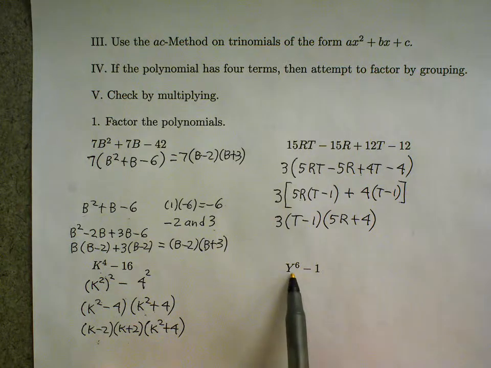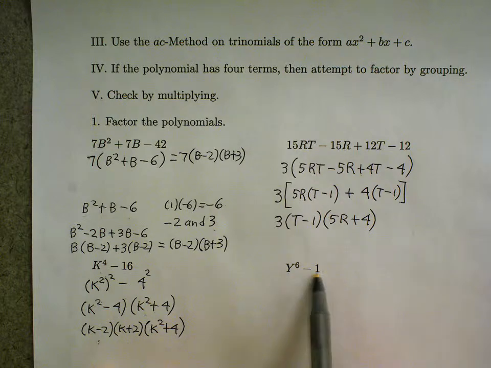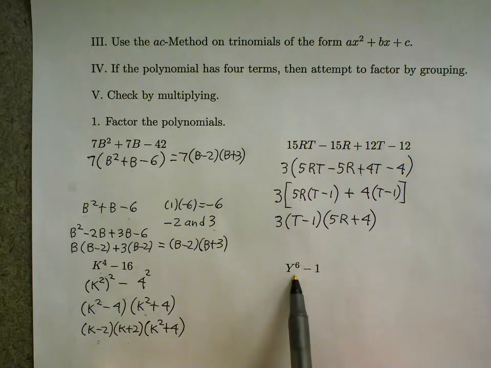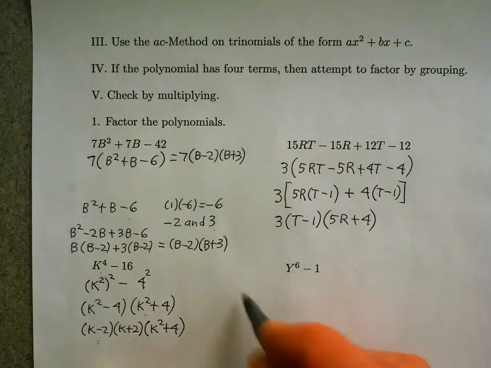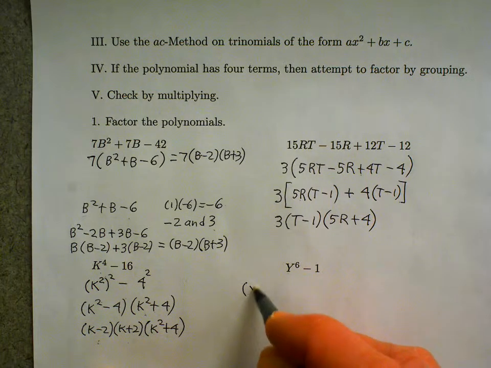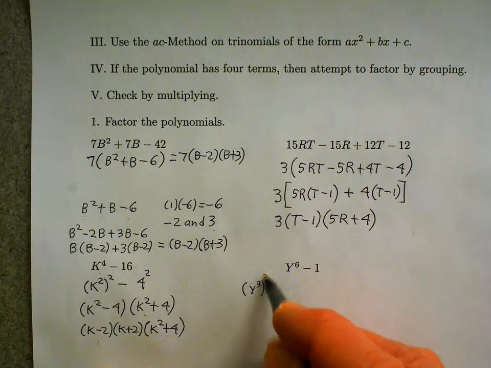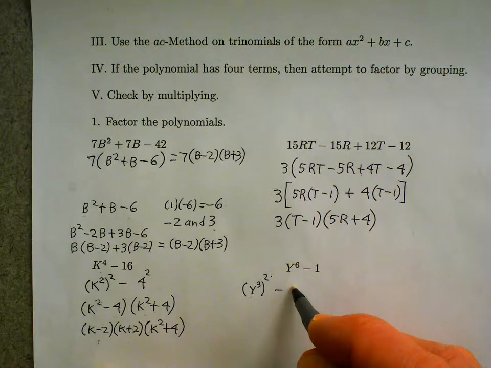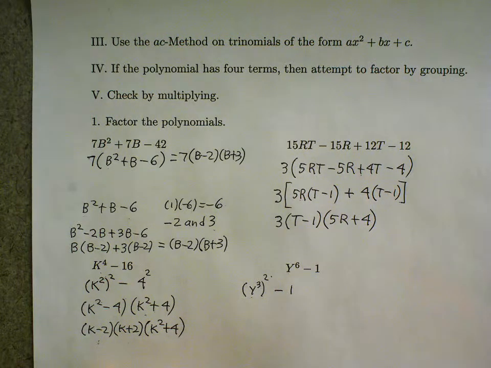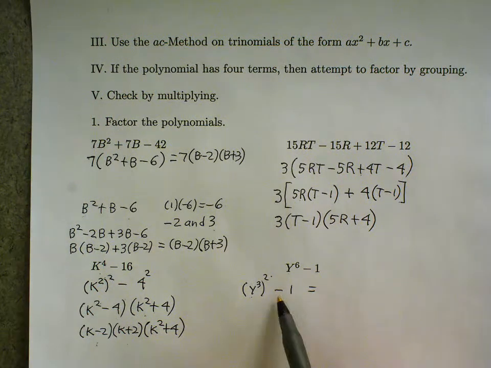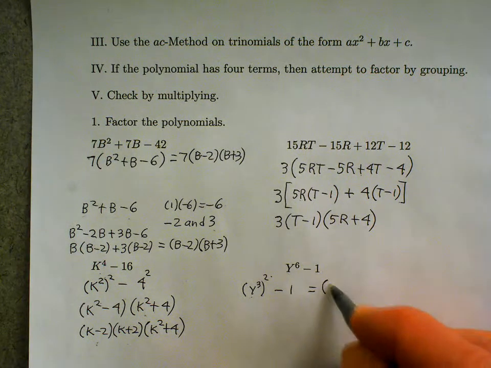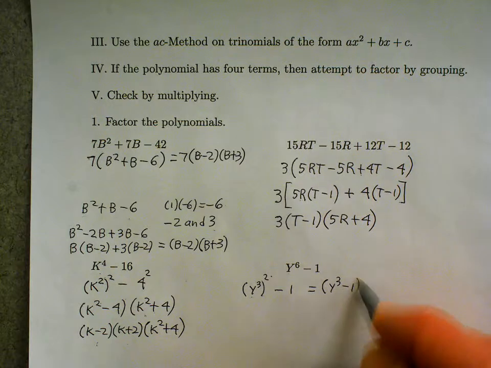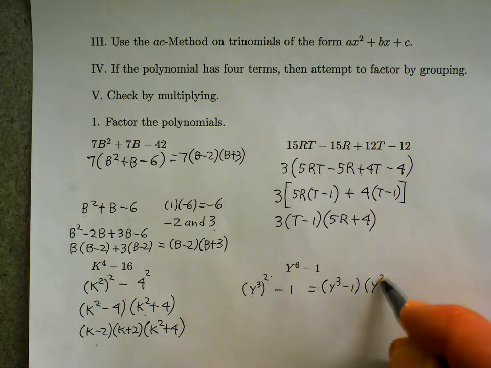So let's view it as a difference of squares first. So y to the third to the second. So we have something squared minus 1 squared. And when we factor this difference of squares, we have y to the third minus 1 times y to the third plus 1.